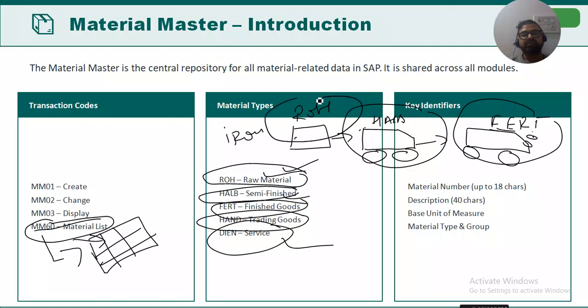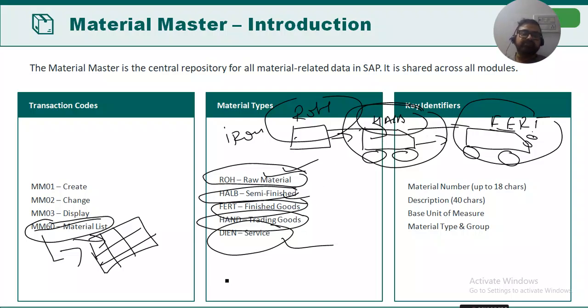Raw material means raw. We are just purchasing a sheet, and after purchasing it, we do the manufacturing on that sheet. We do the operation on that sheet, and we turn that sheet into a body, right? It's called semi-finish, and once the complete car is completed, it's called a finished product, right?